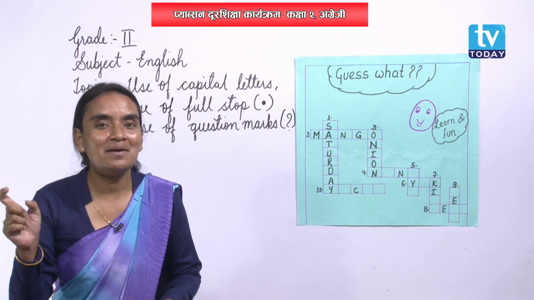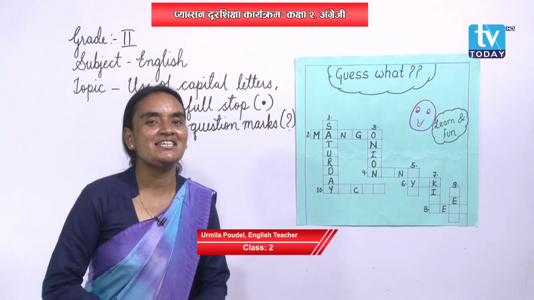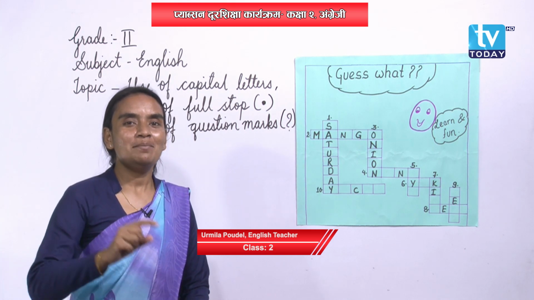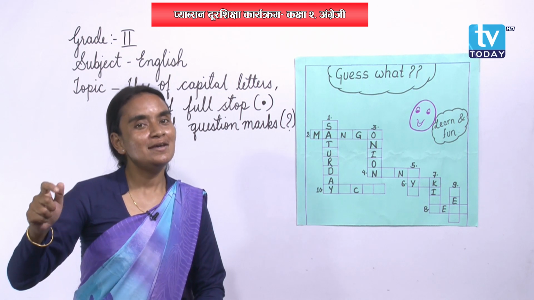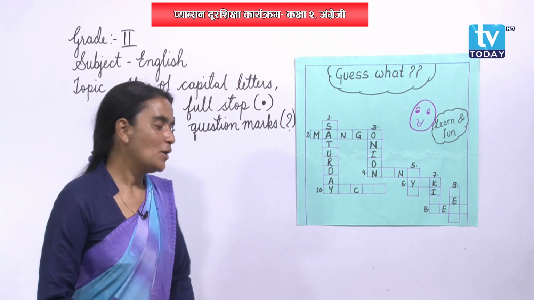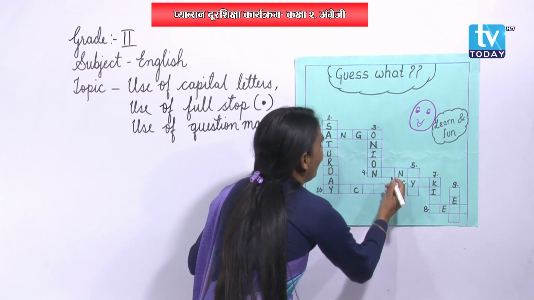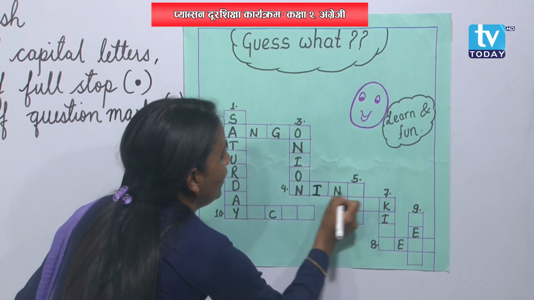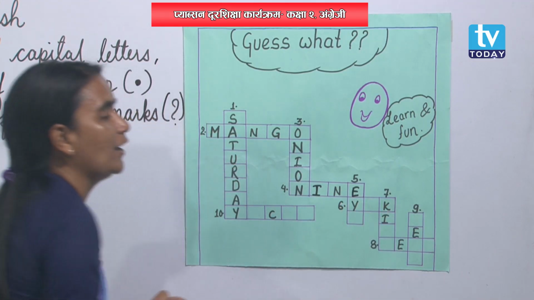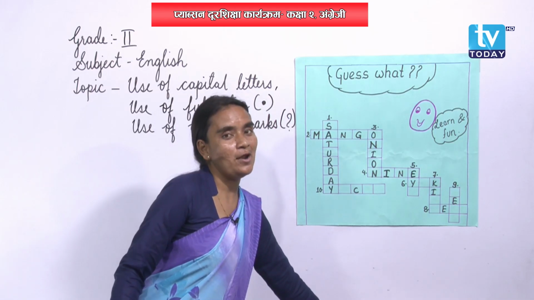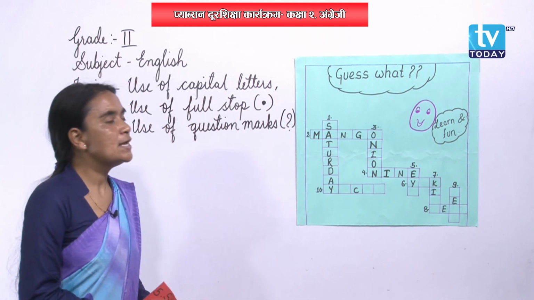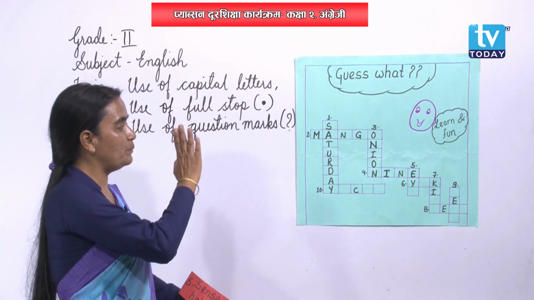I can see somebody guessing it easily. 3 multiplied by 3, what could be the product? 3 times 3 is, okay, it's 9, N-I-N-E, 9. Very good children, it's thumbs up to you all for completing almost 40% of the puzzle.